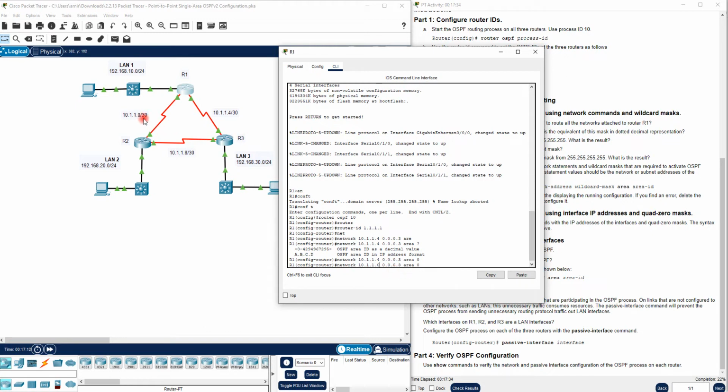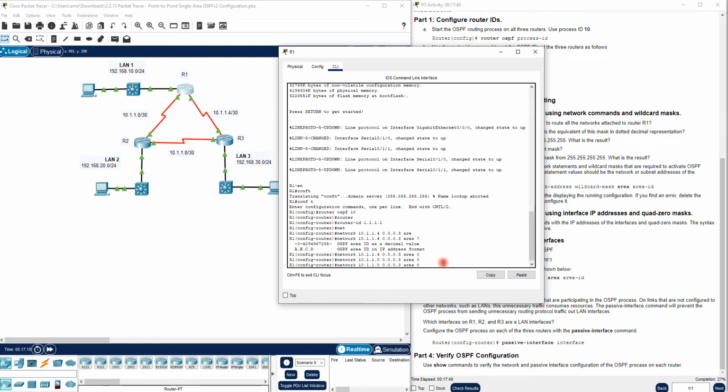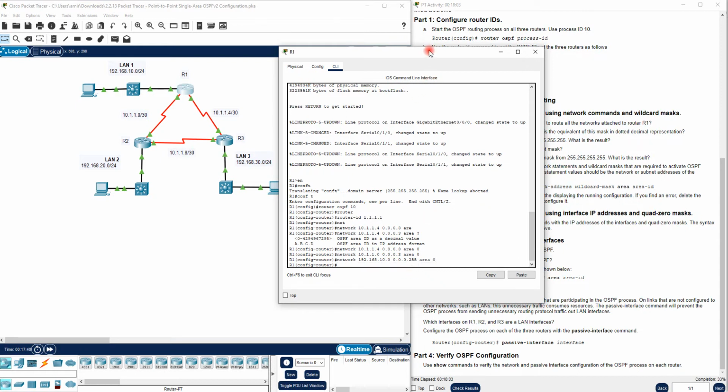And the other networks that we have here: 10.1.1.0, and this is also /30, and same. And also we have 192.168.10.0, and the wildcard mask is 0.0.0.255, and the area is 0.